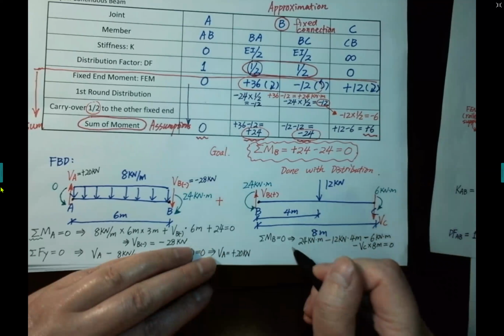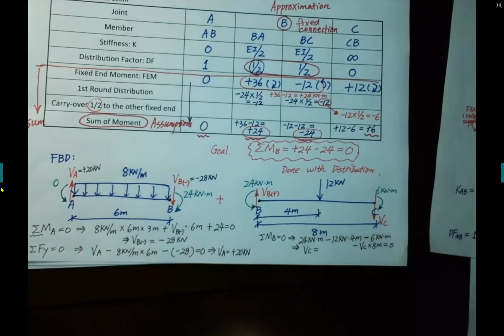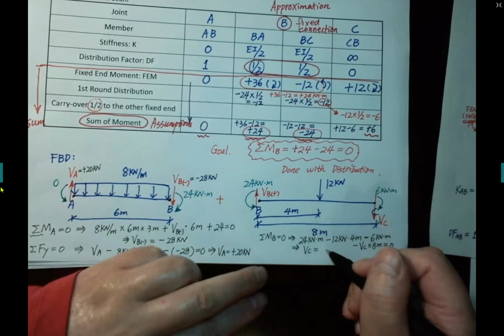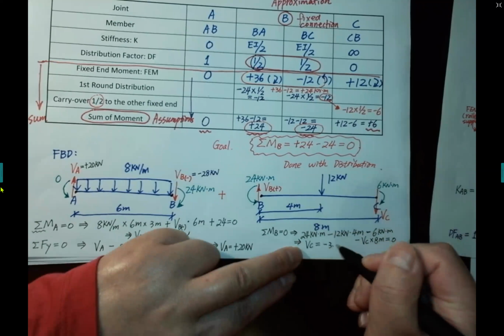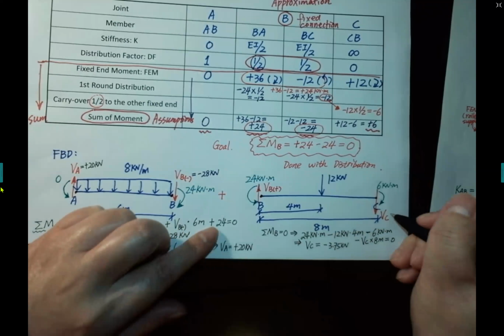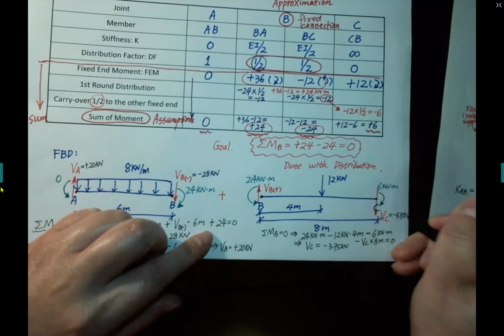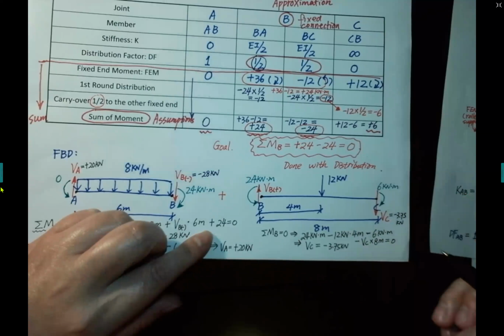And we can get VC from this equation equals negative 3.75 kilonewton. I put the value right here, negative 3.75 kilonewton.